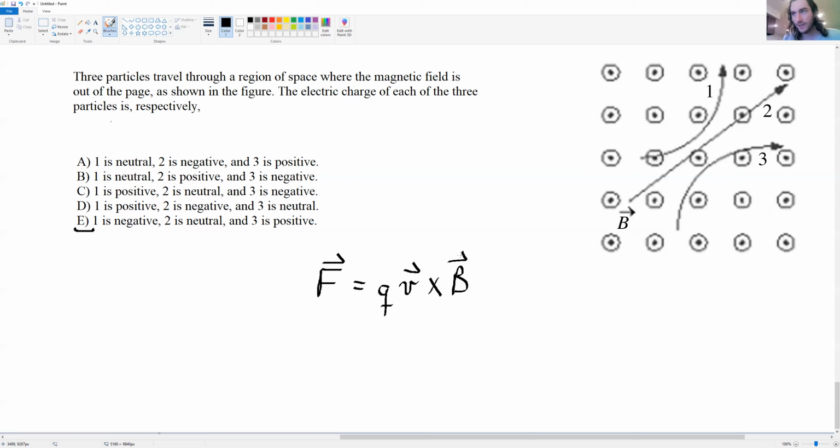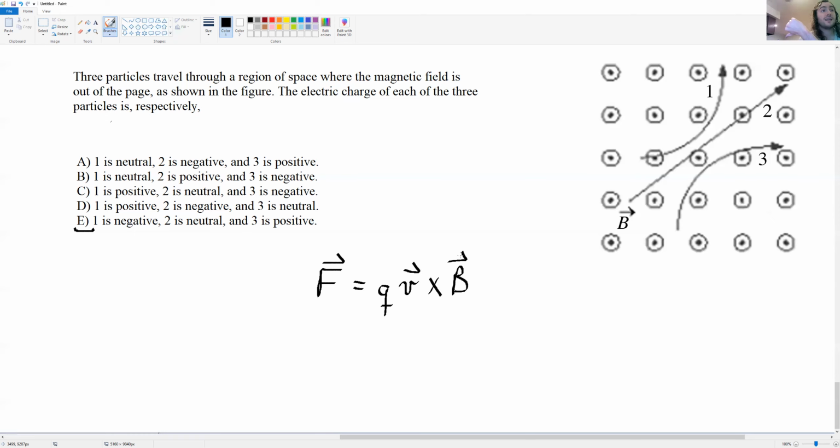We stick our fingers in the direction of the velocity, let's say for particle 1, so kind of up and to the right, and then curl our fingers out of the page. I have to kind of contort my arm to do that. And I see that tells me the force is down and to the right, but this particle is moving up.